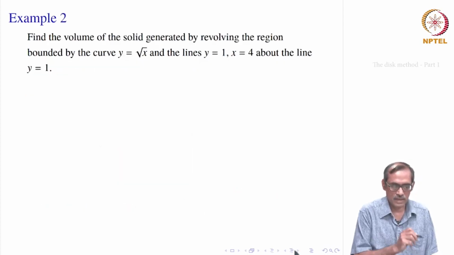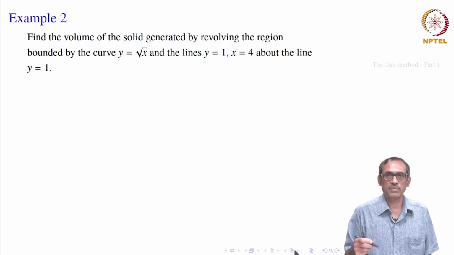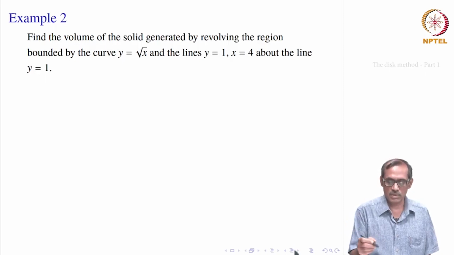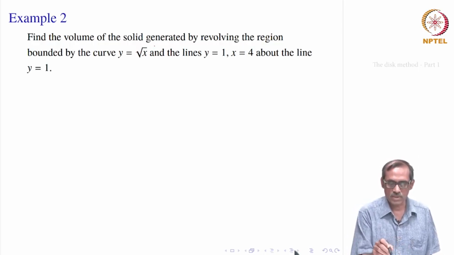Fine. We take one more example. Maybe the examples themselves will introduce other kinds of regions which when revolved give rise to different kinds of solids, but all of them are called solids of revolution. So, here we want to find the volume of the solid generated by revolving the region bounded by the curve y equal to root x like the earlier one, but now the region is not starting at 0.